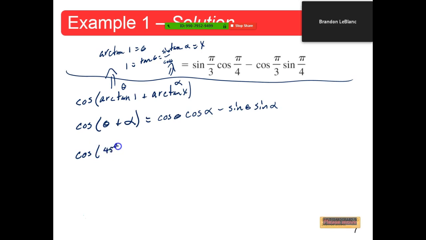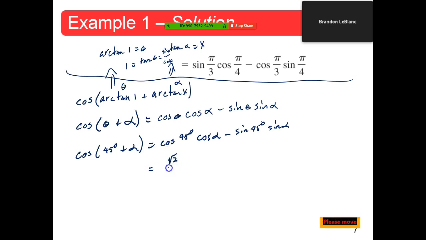Cosine of 45 degrees plus alpha, we haven't figured out what alpha is yet, is equal to cosine of 45 degrees times cosine alpha, we don't know what that is yet, minus sine of 45 degrees times the sine of alpha. Okay? Now, that's what we've got here. That's what we're looking for. What is cosine of 45?